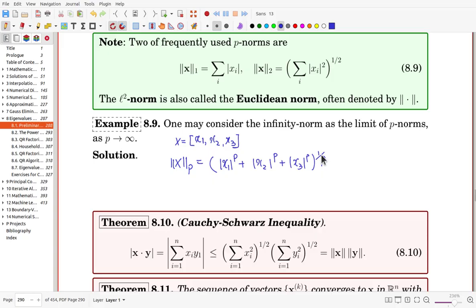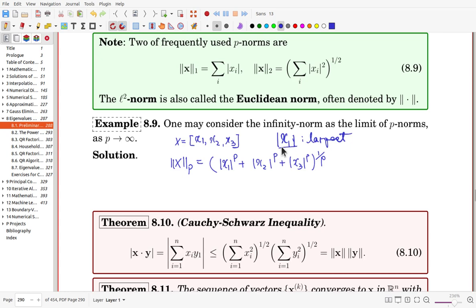Right? That's the definition of the p norm. Now, we assume one of them is the largest. For simplicity, let's say x1 is largest in modulus, so that in absolute value, that is the largest one.